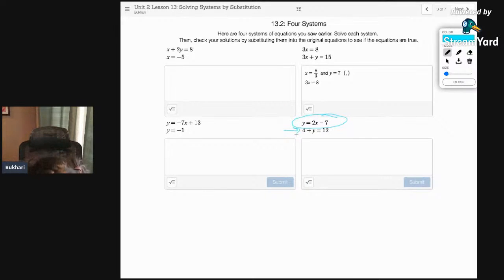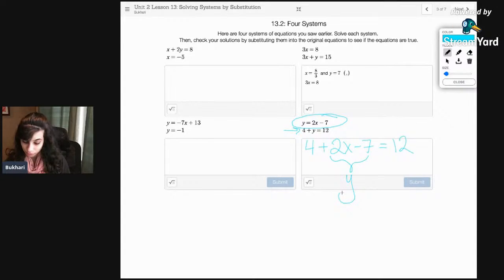I can say 4 plus 2x minus 7 equals 12, because this entire thing equals y. And you can find easier ways to solve this too. There's another way of solving this system that I just wrote down, circled in light blue. See if there's an easier way to solve it. This is just practice continually solving our equation.